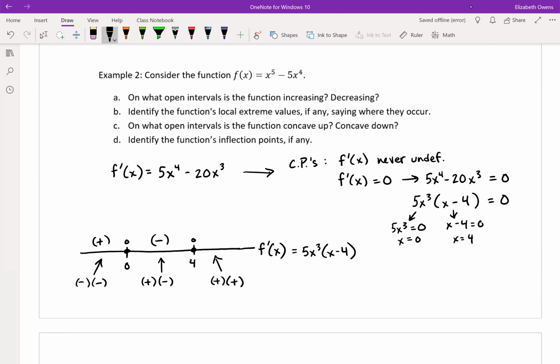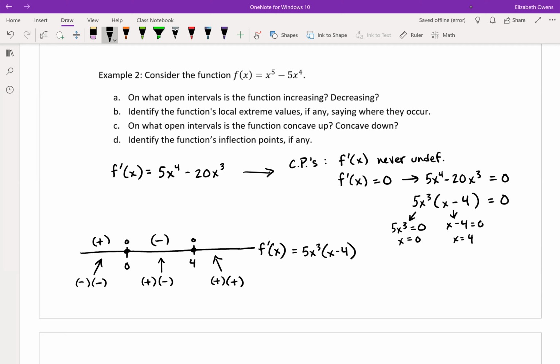Okay, so our intervals of increase are going to be the positive first derivative places. And so that would be numbers that are less than 0. So as an interval, negative infinity to 0. And then we're going to union with our other interval over here from 4 off to infinity.